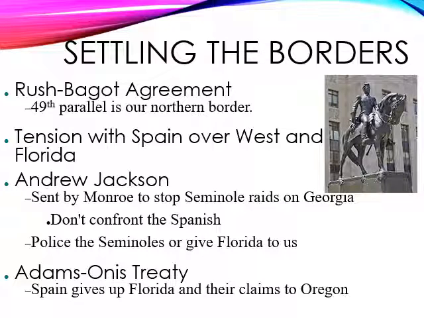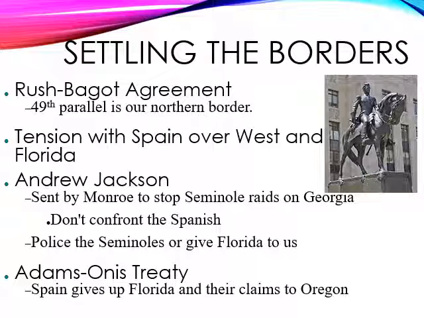The other thing that was happening is there was a lot of tension with Spain, because Spain's grip was getting weaker and weaker, and they owned the entire western part of the U.S. and Florida, and it was really weak in Florida. What was happening is escaped slaves were running down into Florida and joining the Seminole tribe, and then the Seminole tribe would run up into Georgia and attack and steal and hurt people in Georgia.